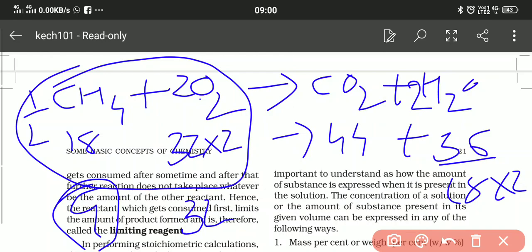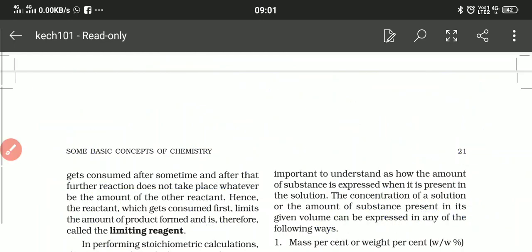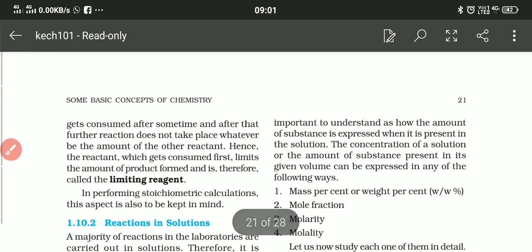If I take 9 gram of CH4, half CH4, then CO2 is also half and H2O is also half, meaning we only get one H2O. So if I take half of the reagent, methane, then we get limited product, meaning the amount of methane controls the amount of product, that's why it is known as the limiting reagent.